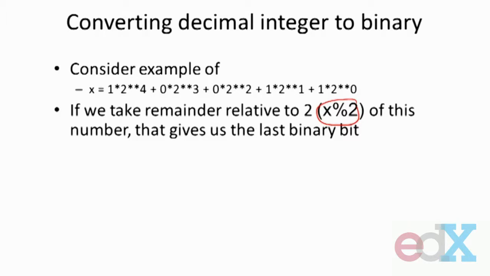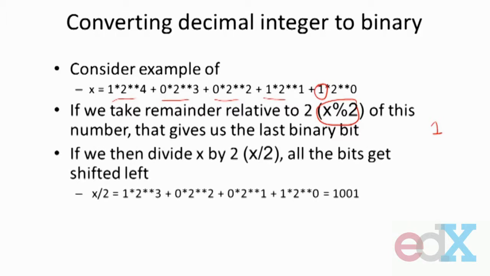Well, it says if we're going to divide each of these elements by 2, since x is this sum, we can divide that by 2 evenly, we can divide that by 2 evenly, that by 2 evenly, that by 2 evenly, but this one we cannot. So when we do that, the remainder that's left is whatever that bit is. And that gives us the last binary bit, which is a 1. That's cool. It says taking the remainder of x with respect to 2 gives us the lowest order bit.